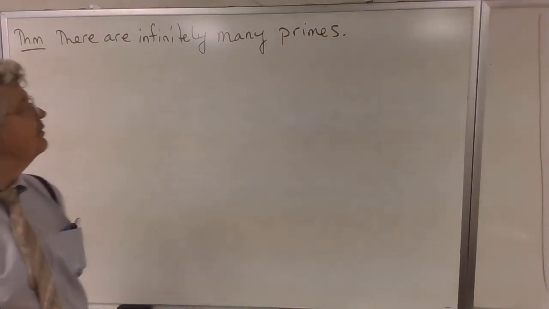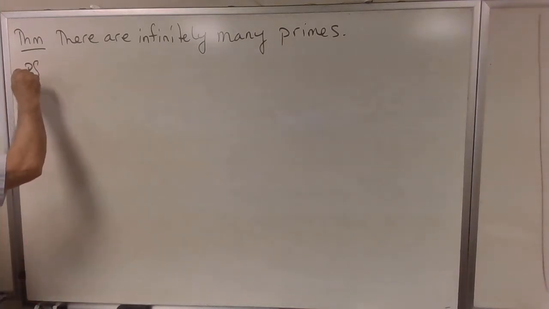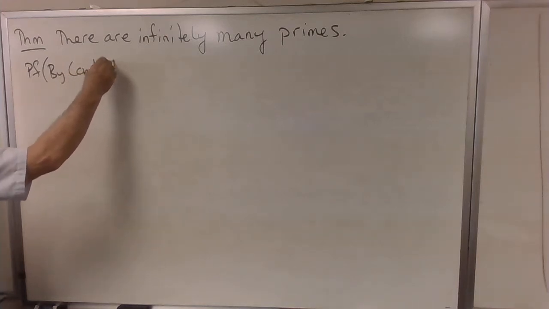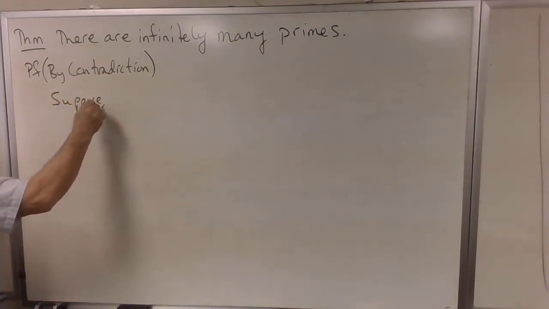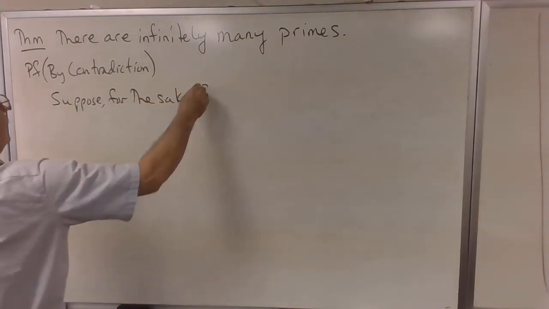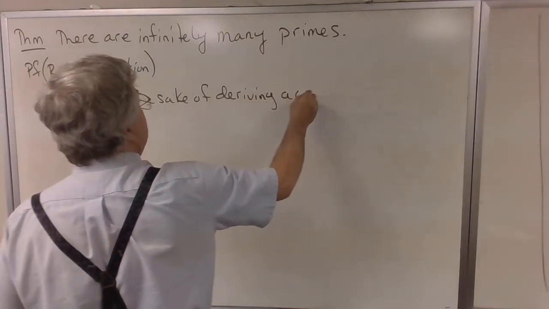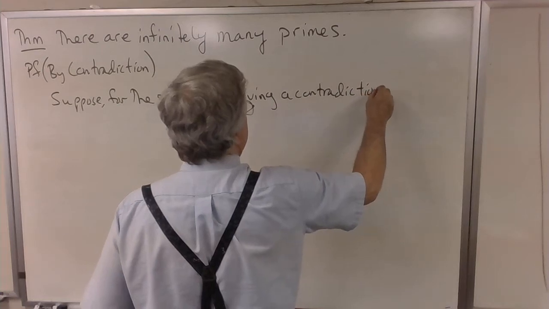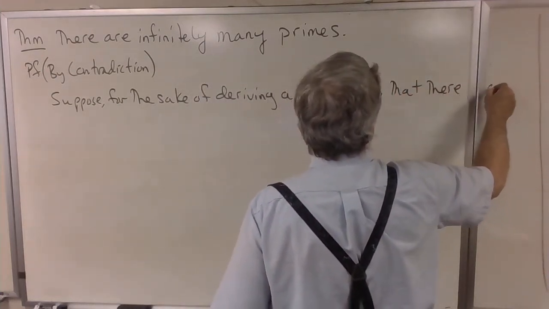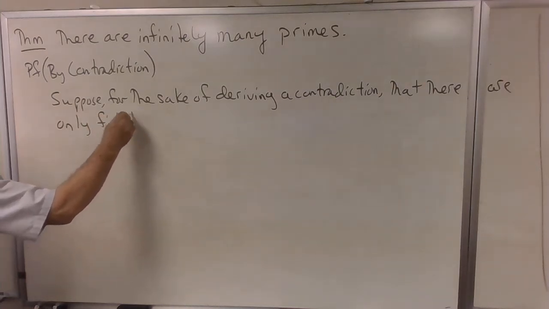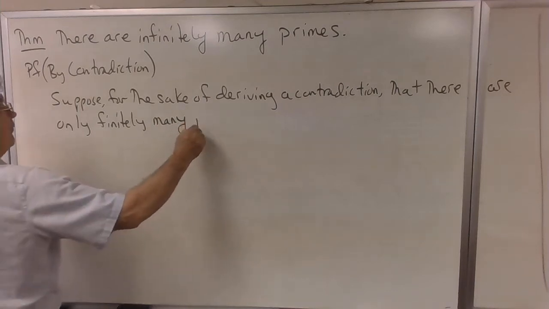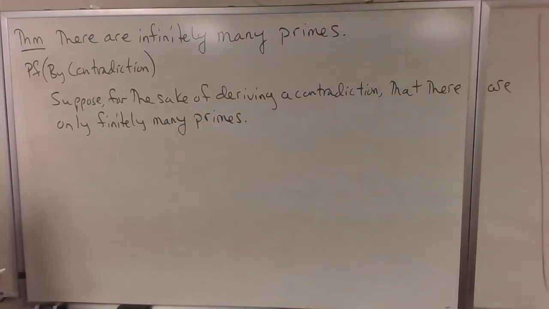Classic theorem from mathematics: there are infinitely many primes. We'll list the primes, and we'll list them in order from least to greatest.